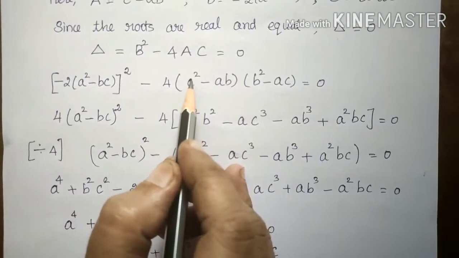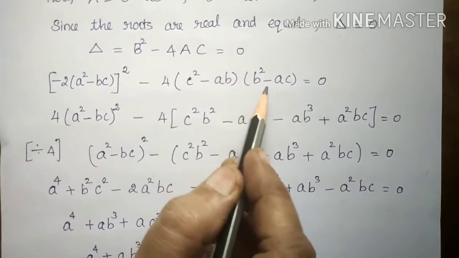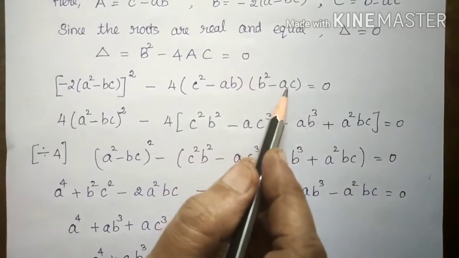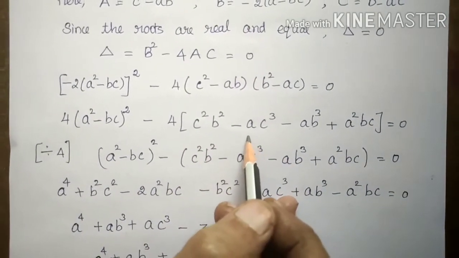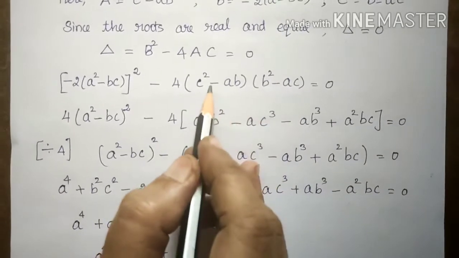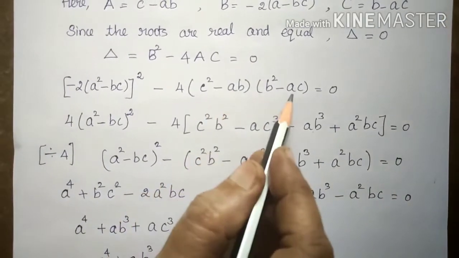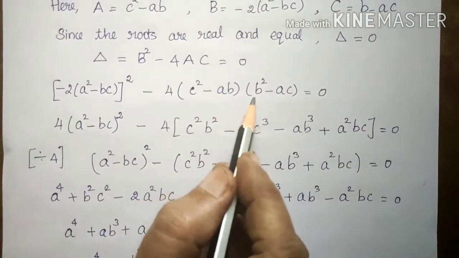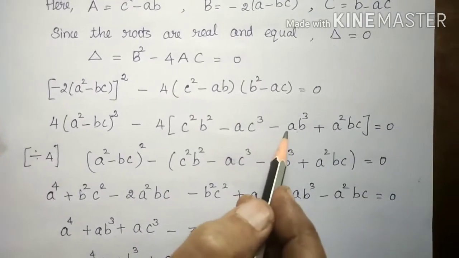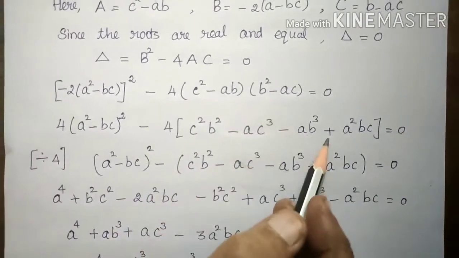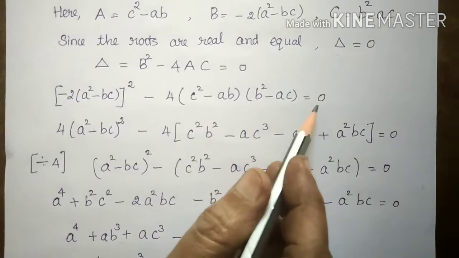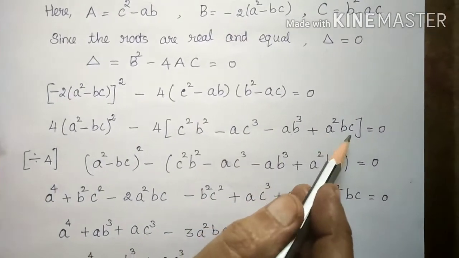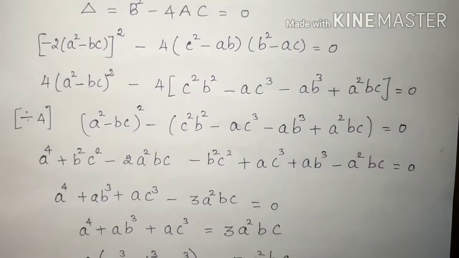First, c squared into b squared is b squared c squared, minus c squared into ac is minus a c cube. Then minus ab into b squared is minus a b cube, and minus ab into minus ac is plus a squared bc, equal to 0.